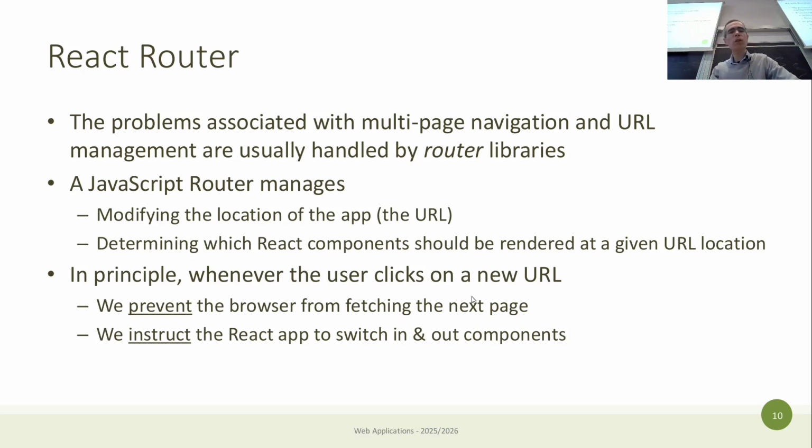So in short, when the user does some actions in the application, the router first prevents the browser from fetching other pages from the server, because it's useless. We said in a single page application we don't want to do this. But at the same time we instruct the React application to switch in and out components. So just remove a component and show another component and so on.